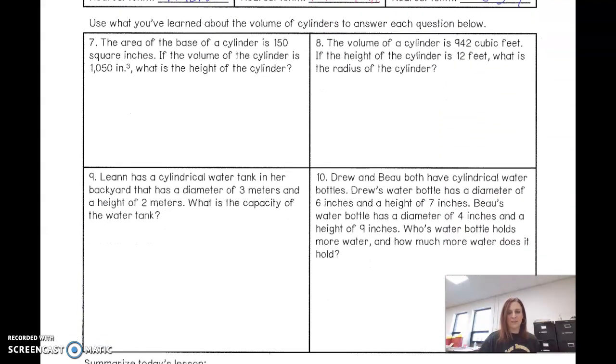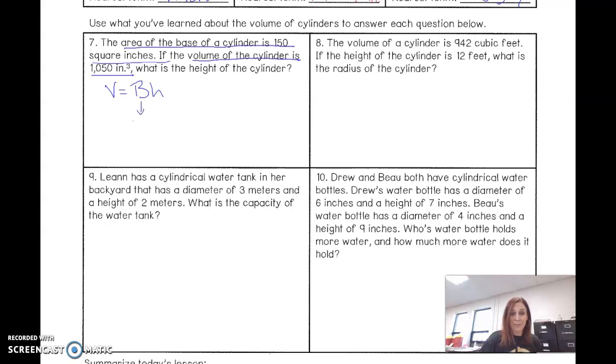The area of the base of a cylinder is 150 square inches. If the volume is 1,050 cubic inches, what is the height? So this one we want to go back to our original formula. Volume equals capital B, area of the base, times height, the distance between the bases. It tells you that the area of the base is 150 square inches.